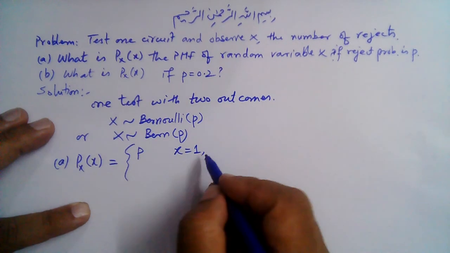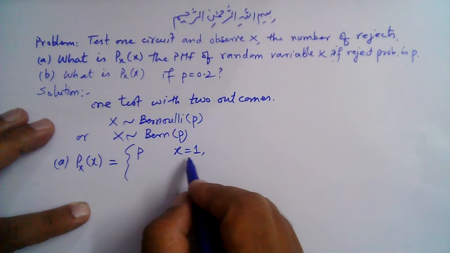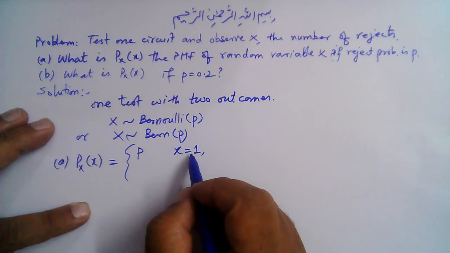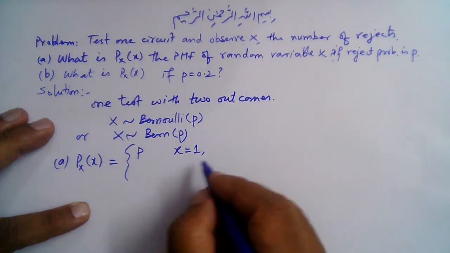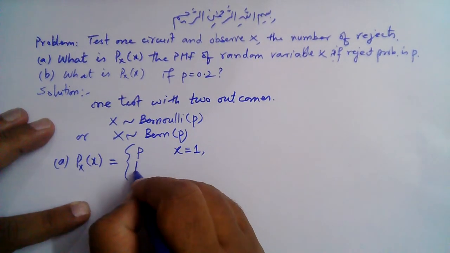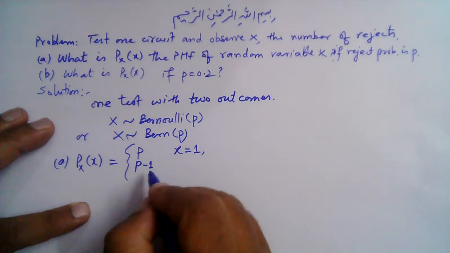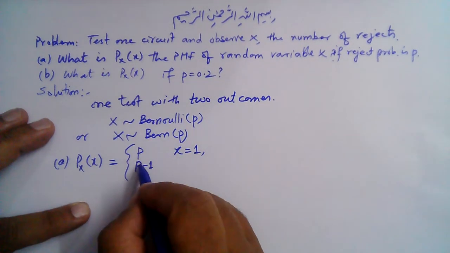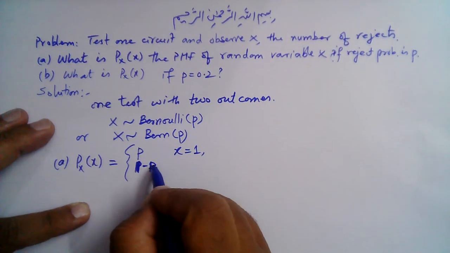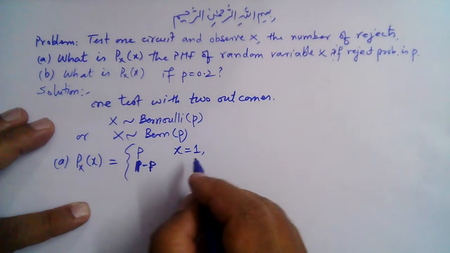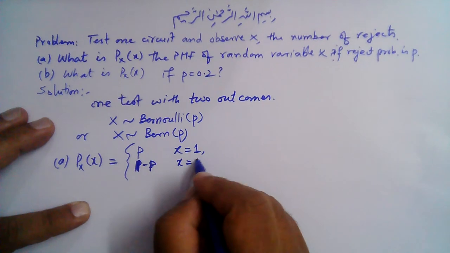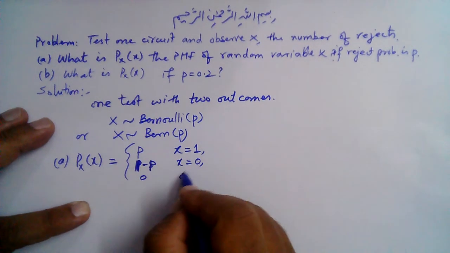When it is accepted, the probability is 1 minus p, not p, 1 minus p, and in that case X is equal to 0, and this is 0 otherwise.